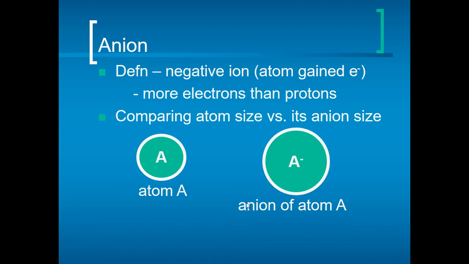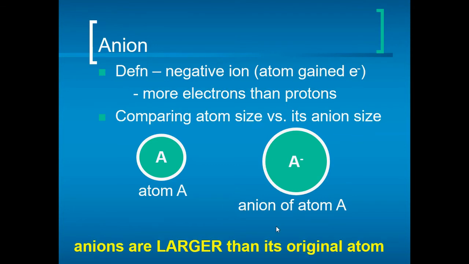Why is that? It's that battle between the protons and the electrons again. Here in A minus, you have more electrons than protons, more kids than adults. Because there's not as many adults watching, those kids have a little bit more freedom. They can spread out a little bit more. There's not as many protons pulling in on those electrons, so they can spread out a little more, less of a nuclear charge.